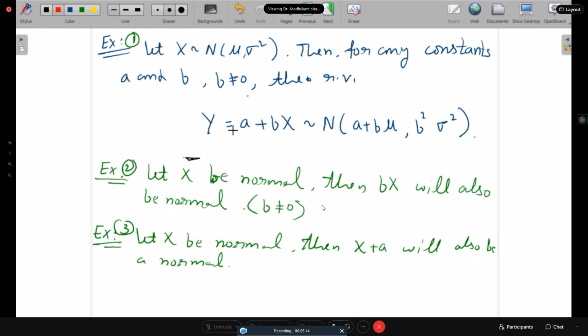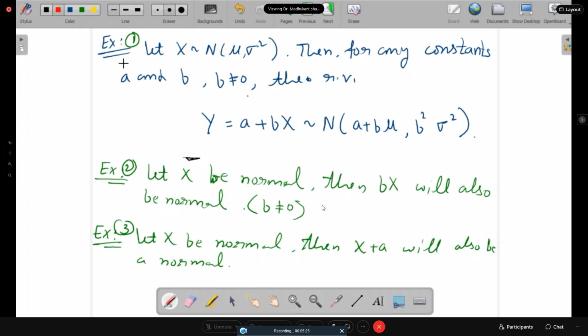The next important random variable is the normal random variable, which is defined by the notation N(mu, sigma square), so it has two parameters.